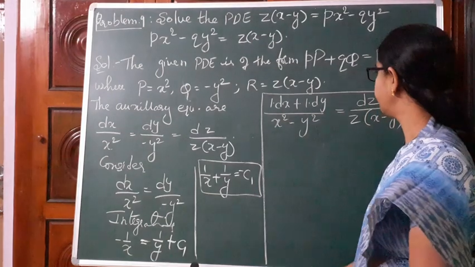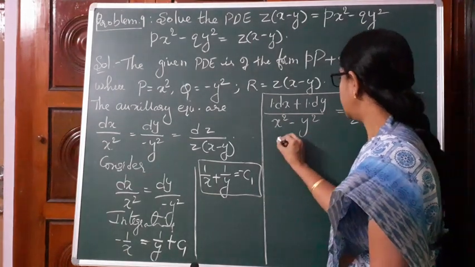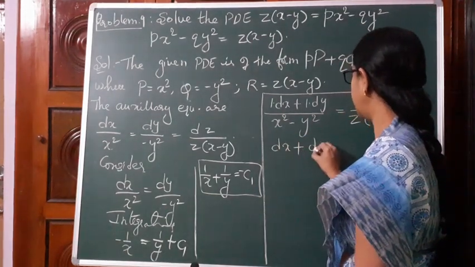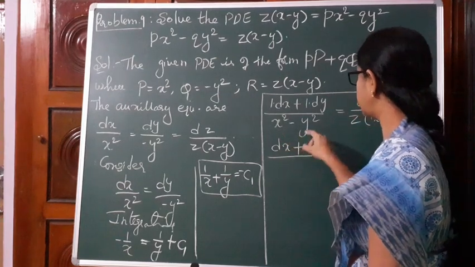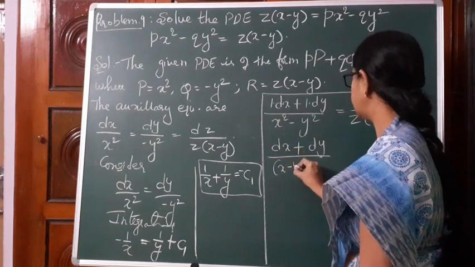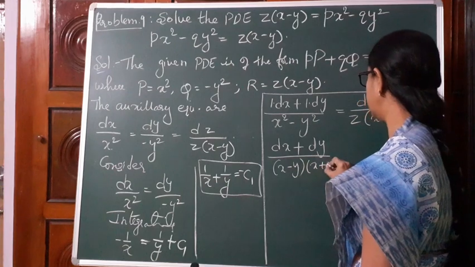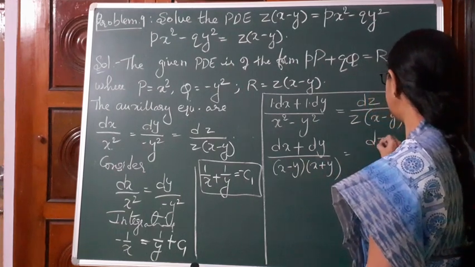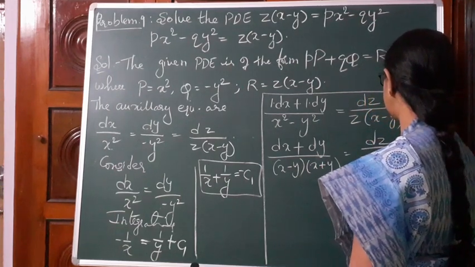It is possible. So what do we get here? dx plus dy by x square minus y square, which can be written as x minus y into x plus y, is equal to dz by z into x minus y.